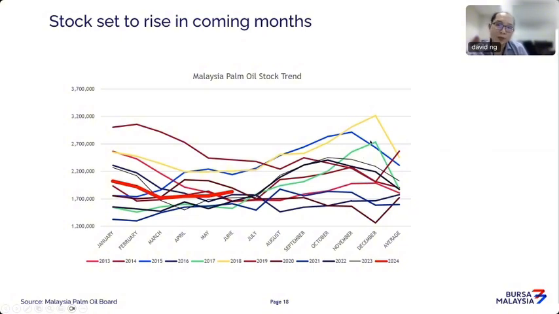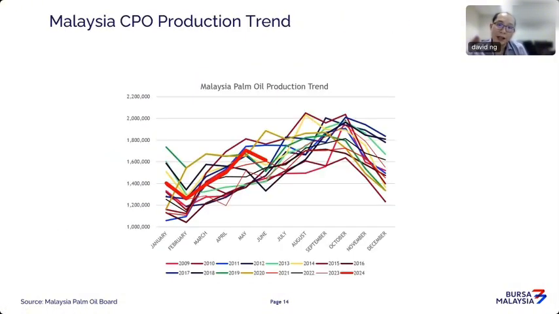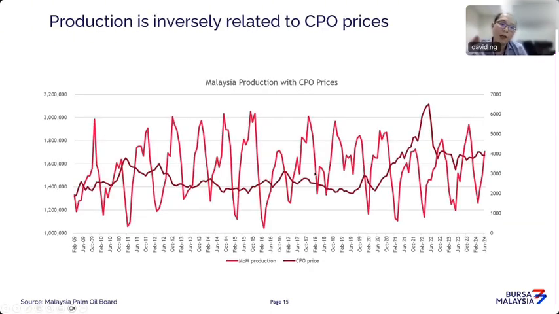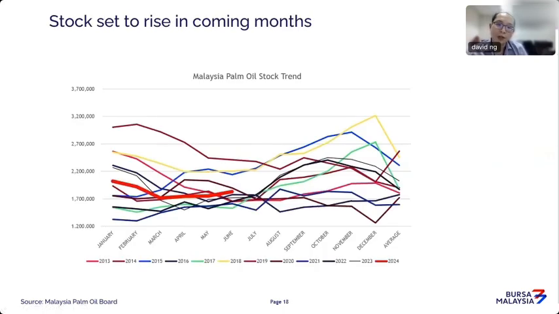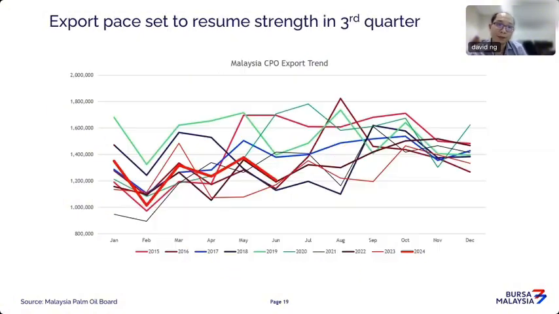This is pretty much in line with rising production. If you recall the previous slides, production tends to increase around May to August or September. So stock levels are also very similar. It tends to build up around July to October or May to October. So during this period, when you have high production, high supply, normally that will impact prices.